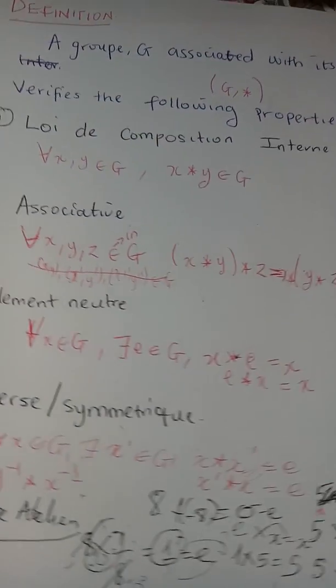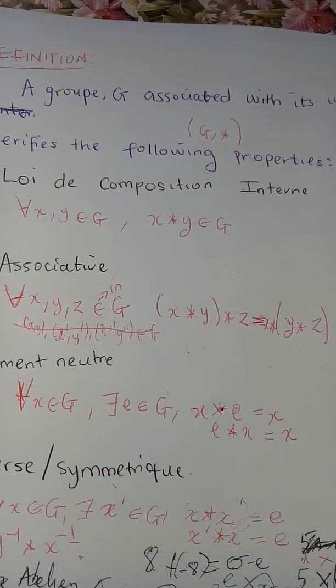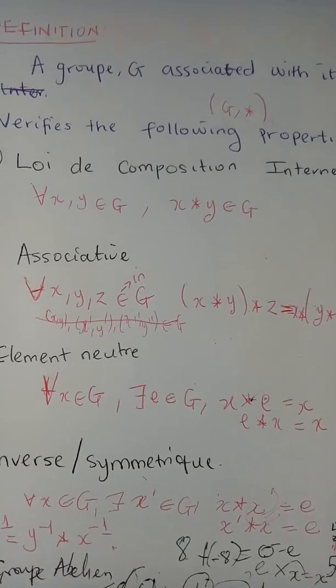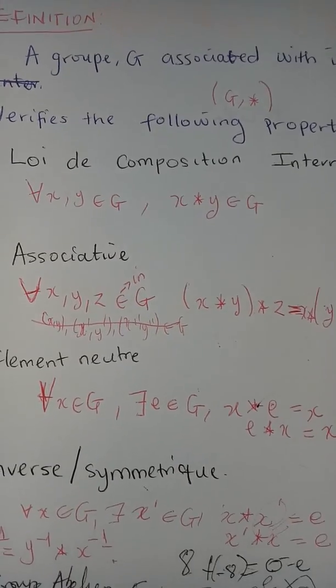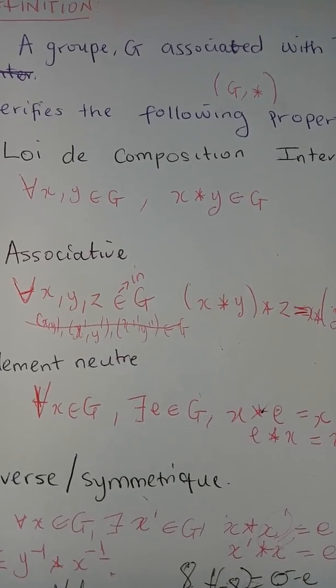Now we're going to be treating sous-groupes. But before I continue, I want to give a remark from the last lesson we had. If, for example, you're asked to prove that a group is commutative, or they ask you, is it a commutative group?